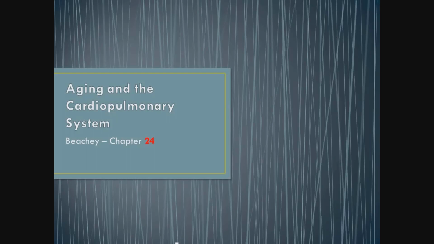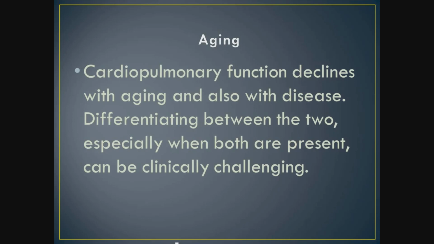All right, chapter 24, I think it's listed as 21 in your notes, is on aging. This will be very brief because it's a very depressing subject. Unfortunately, with age, our lung function decreases.